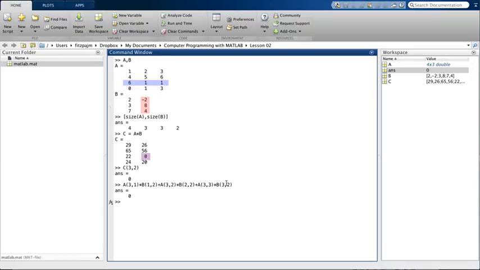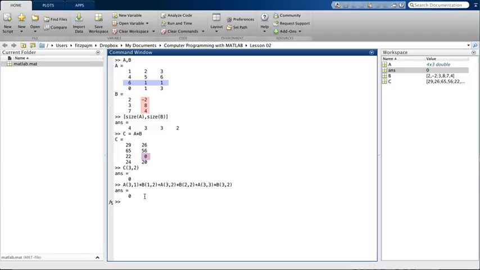But the inner index, this 1 and this 1, is the same for the A and the B. It ranges from 1 to 2 to 3. It ranges across the entire width of A and height of B. The products of these pairs of elements are then summed to get element 3, 2 of C.